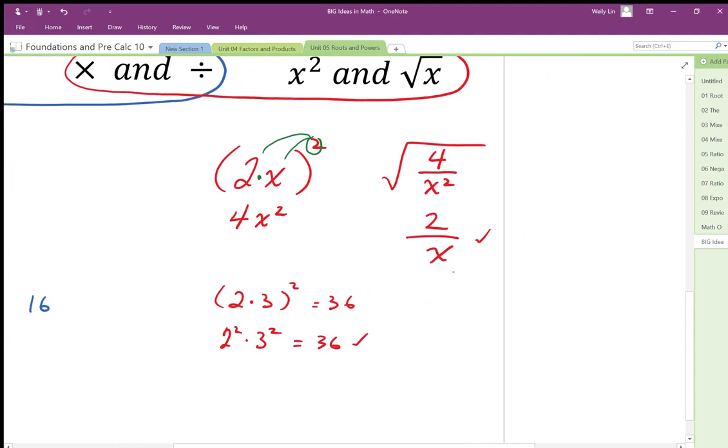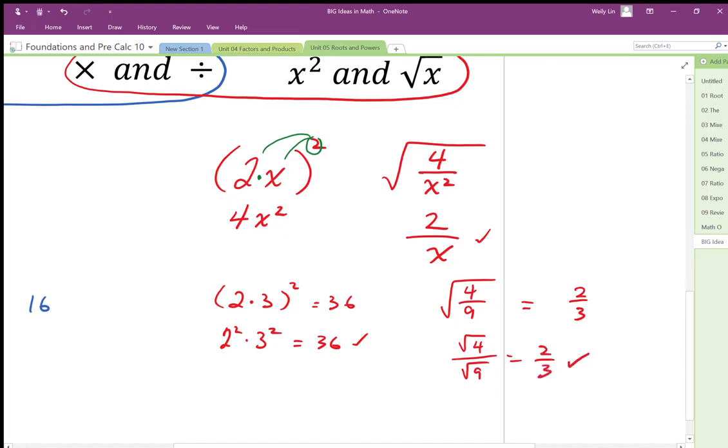Same thing here: if I take the square root of 4 over 9, I can do that on my calculator, and I get 2/3. That's the same as if I do square root 4 over square root 9. I can apply the square root across that denominator, and I get 2/3.